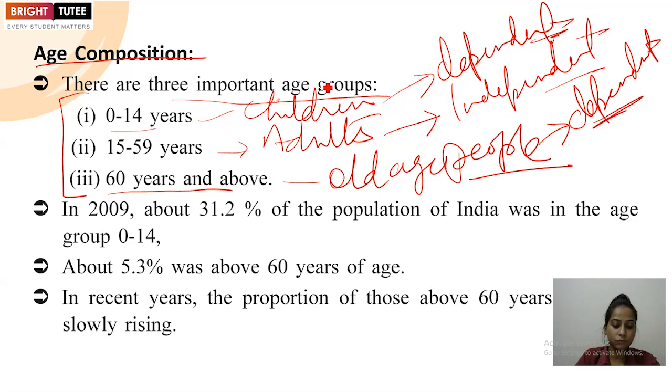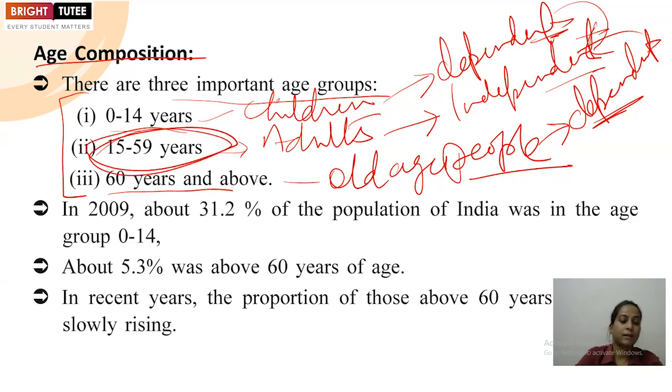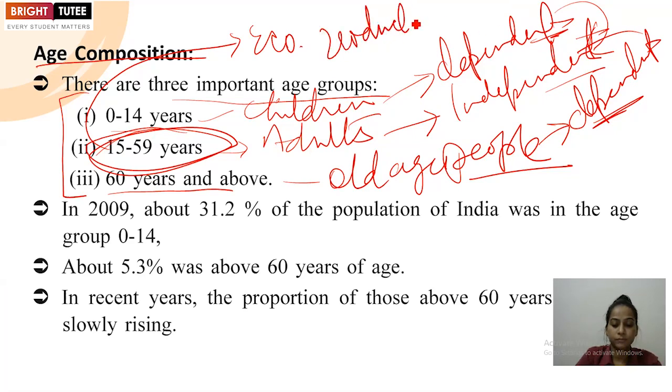The children and the old age people are both dependent on the second age group, the working group. These are economically productive. This second group is economically productive.